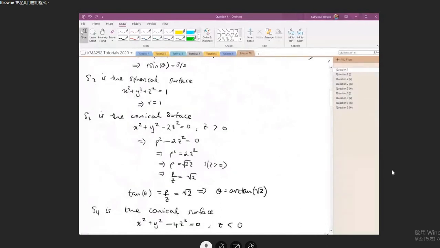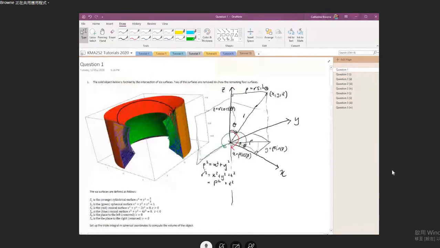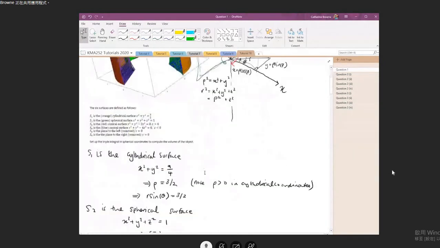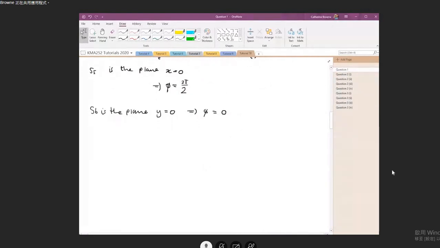So if we integrate as we're swiping that segment through 3 pi on 2 radians, we can find the volume. Hopefully that makes sense to you guys.